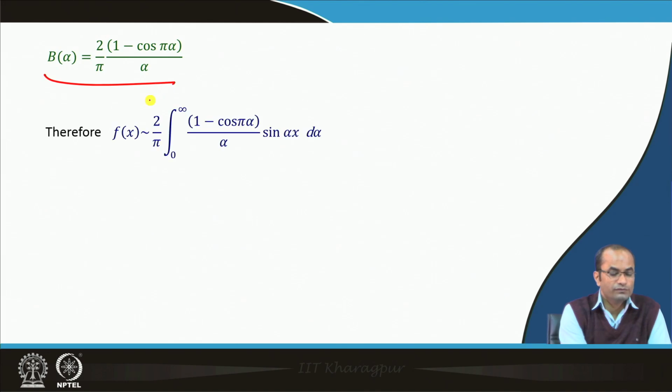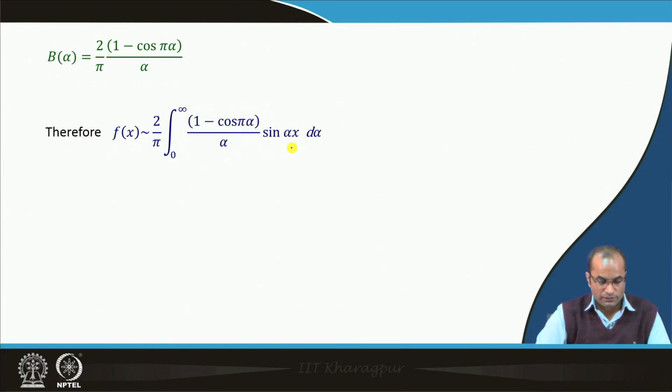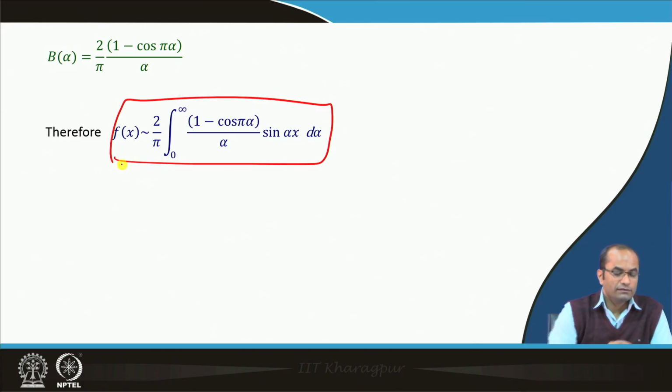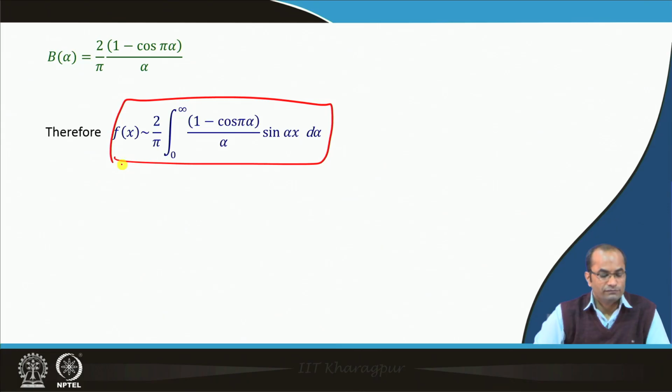This is the Fourier coefficient, and therefore we can write down the Fourier sine representation with this coefficient, 1 minus cos pi alpha over alpha, and sin alpha x d alpha. So, this is the Fourier sine integral representation of the given function.